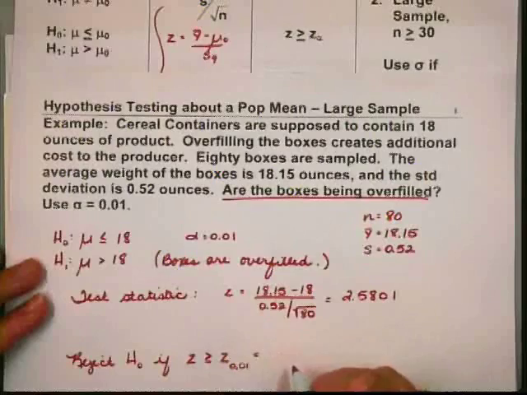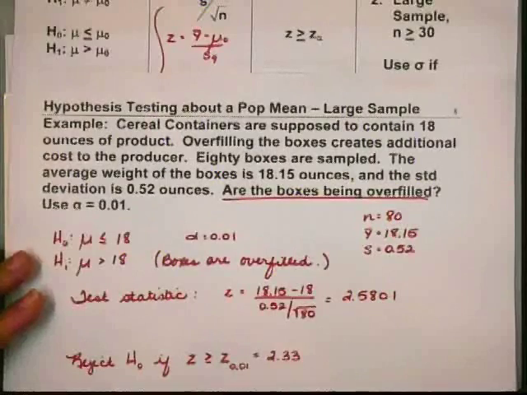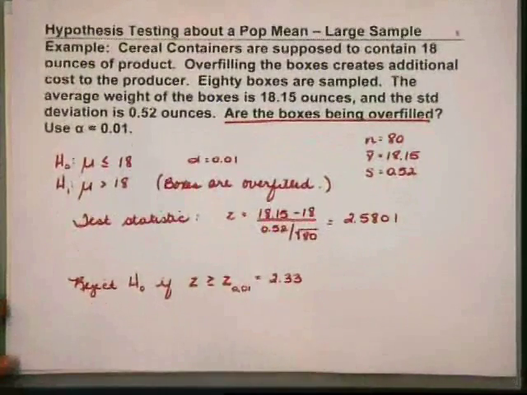For a right-hand area of 0.01, the critical value of z should be 2.33. What would you decide?